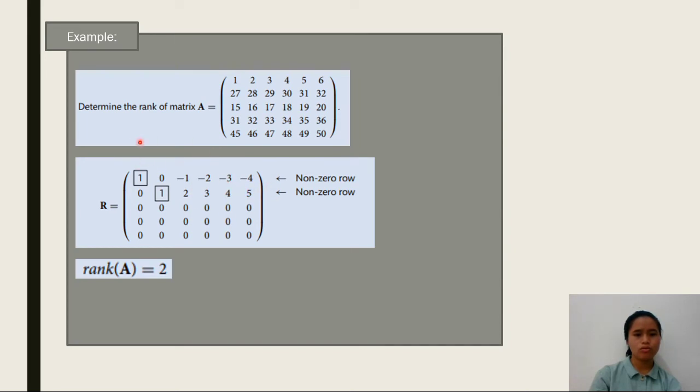So we get the non-zero rows. This is a non-zero row. So rank A is 2, because the non-zero rows from matrix A are 2: R1 and R2. Rank A equal to 2.